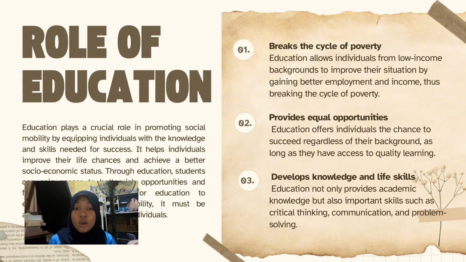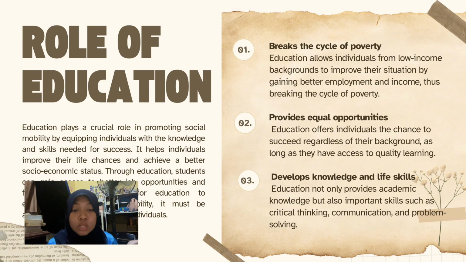So first, we have to break the cycle of poverty. So education allows individuals from a low income background to improve their situation by gaining better employment and income, thus breaking the cycle of poverty. Next, also, we have to provide equal opportunities.